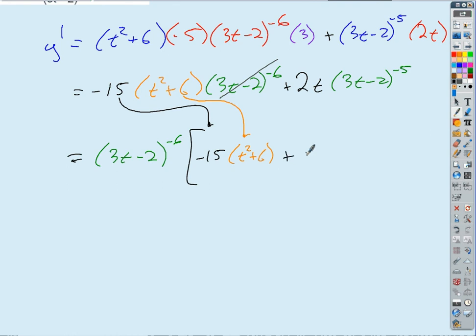Plus I've got my 2t, and how many of those are there? One. Good. I'm left with 3t minus 2 to the -5 divided by 3t minus 2 to the -6, which is 3t minus 2 to the -5 plus 6. Right, and that's always going to work, isn't it? I'm always going to have a difference of 1 there because of the power rule. That's why those are different by 1.